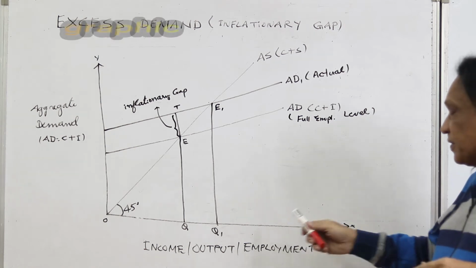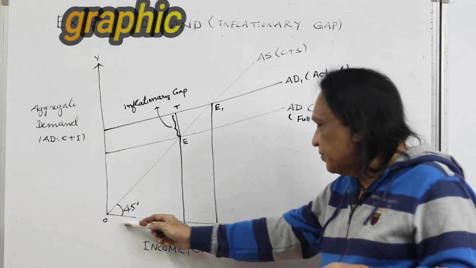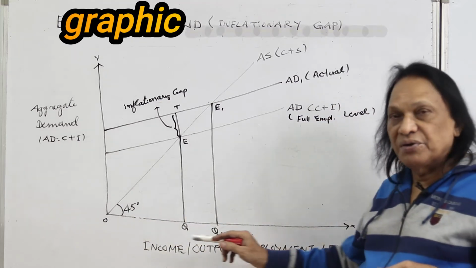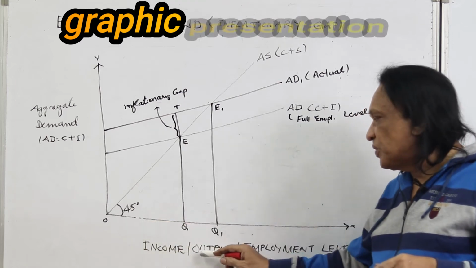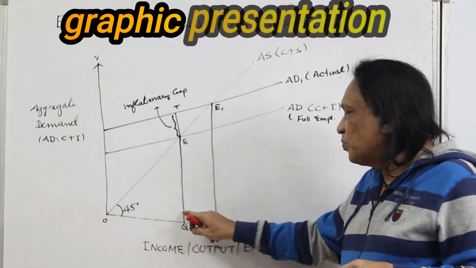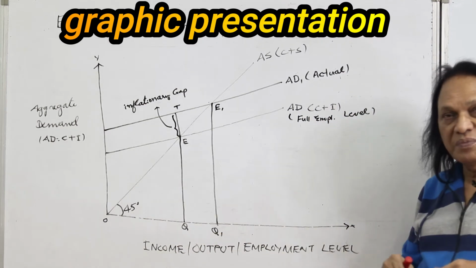This graph clearly shows, on the x-axis, income, output and employment level are all taken here. If you go this way, income will increase, output will increase, employment level will increase, everything is increasing here.